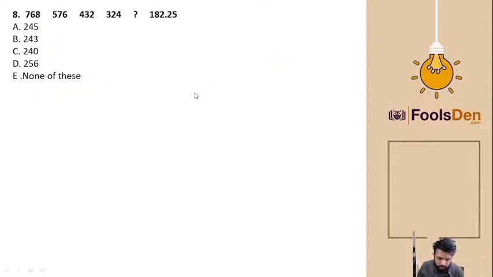Now let us go to the next. Whenever there is 0.25, there are chances that not every number is in decimal, only one number is in decimal. 0.25 stands for 25%.